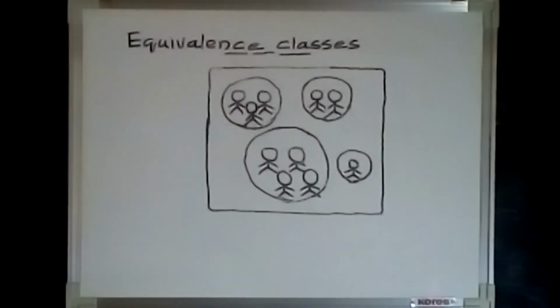One student in a gang is usually related to all other students in the gang. Such subgroups are called equivalence classes. And the union of these 4 equivalence classes is the classroom itself.